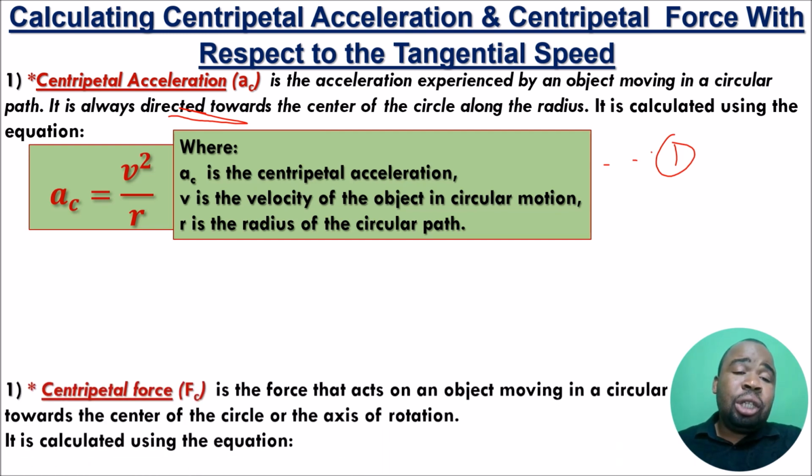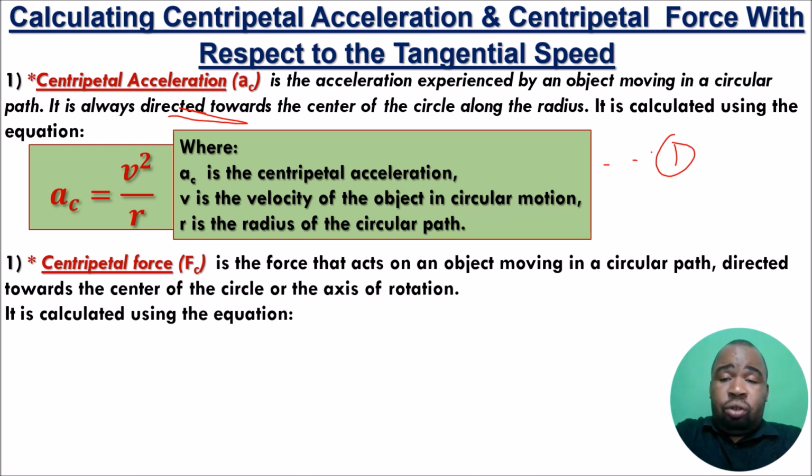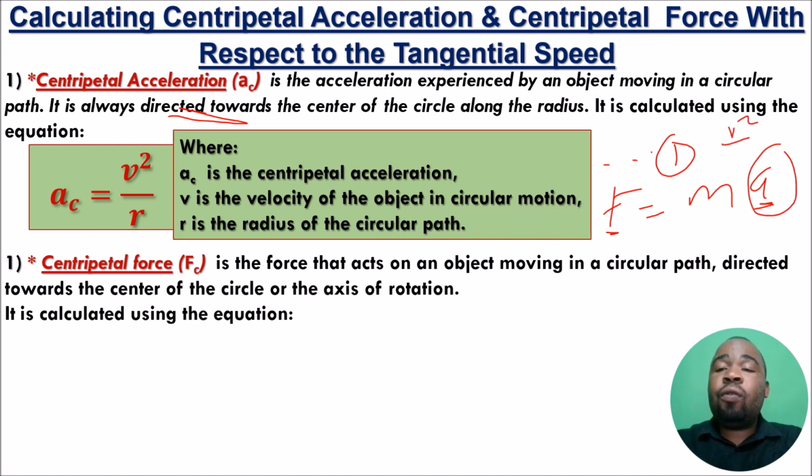Now, how do we calculate centripetal force? Newton said F = ma. Whenever there is an acceleration, there must be a force responsible for that acceleration. Now, if our a is the same as v squared over r, we can safely say, according to Newton, the centripetal force is mv²/r.